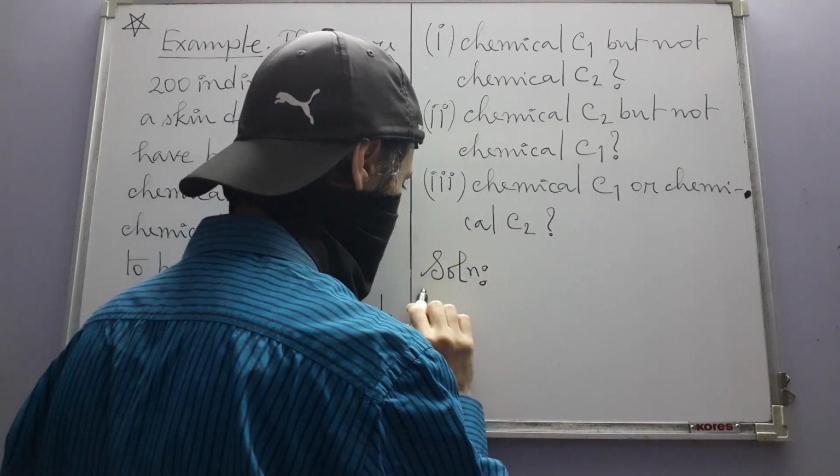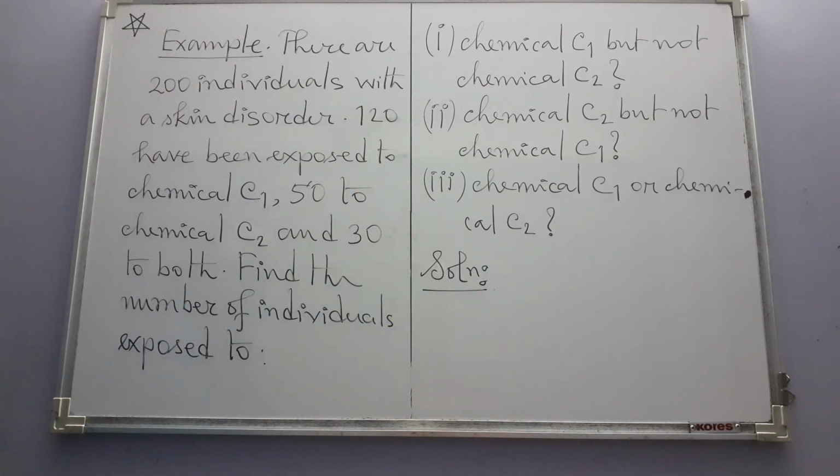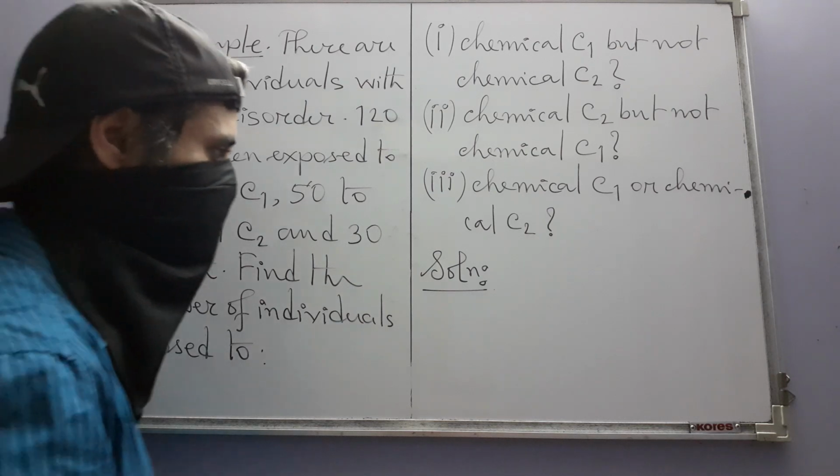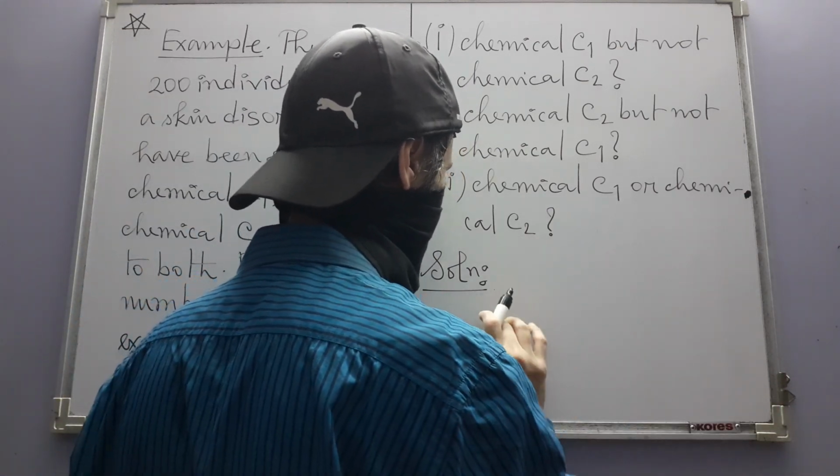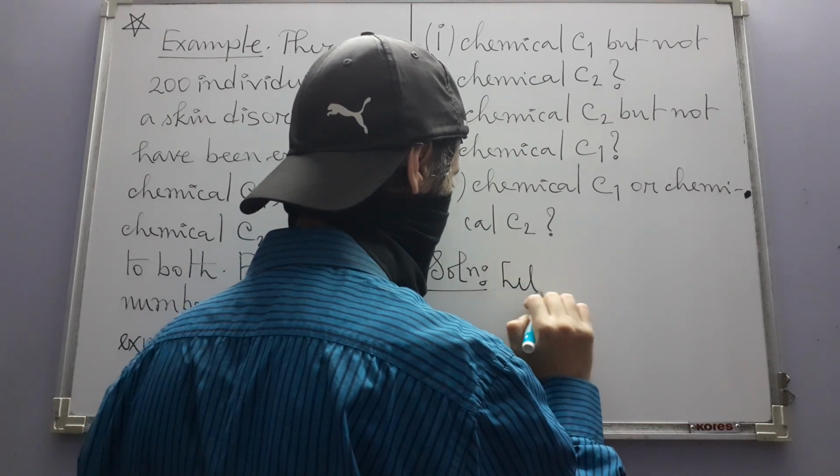So for the solution, because the chemicals themselves have been named C1 and C2, we will have to name the sets something else. And that means I have to write, otherwise it will become confusing.